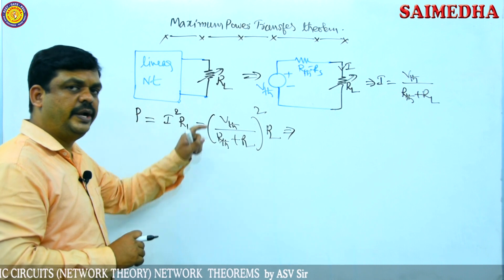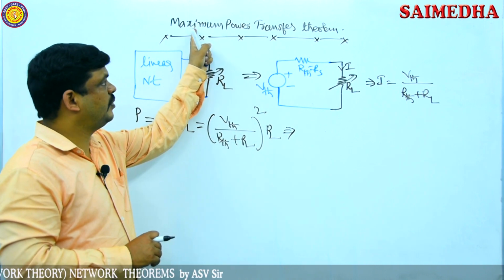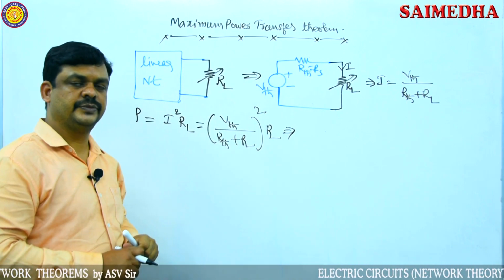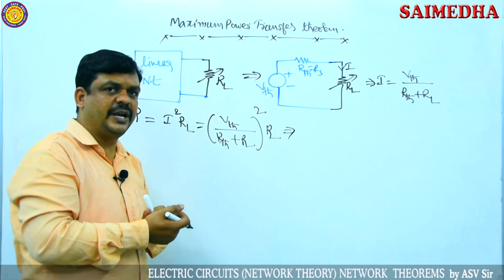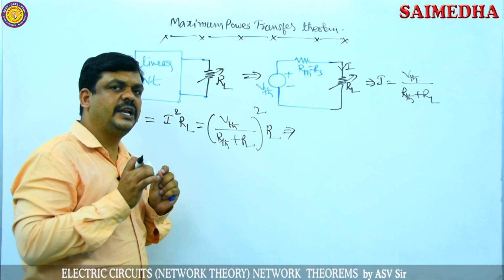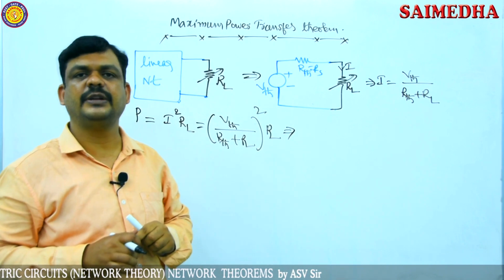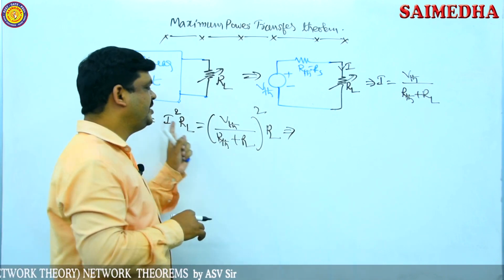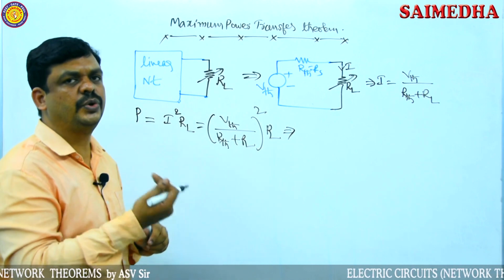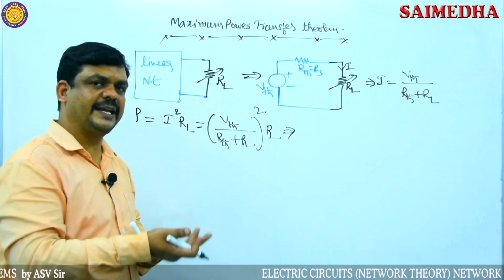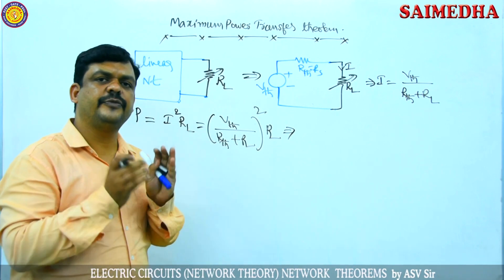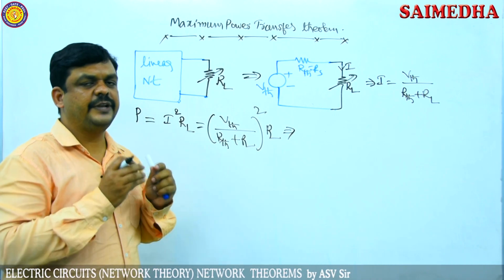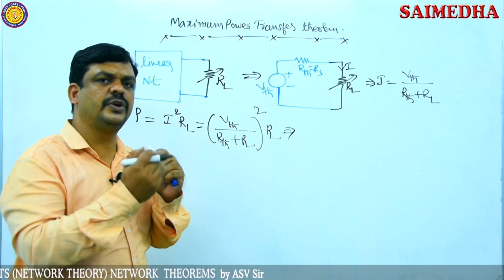Then what we require from the theorem analysis is the maximum power. To find the maximum condition of this equation, we have to apply one mathematical operation: differentiate the complete equation and apply equal to 0.